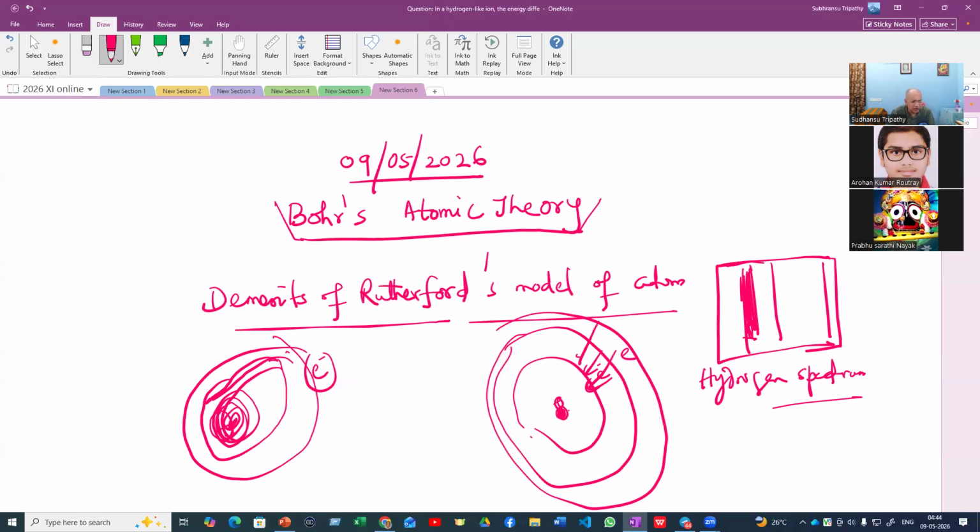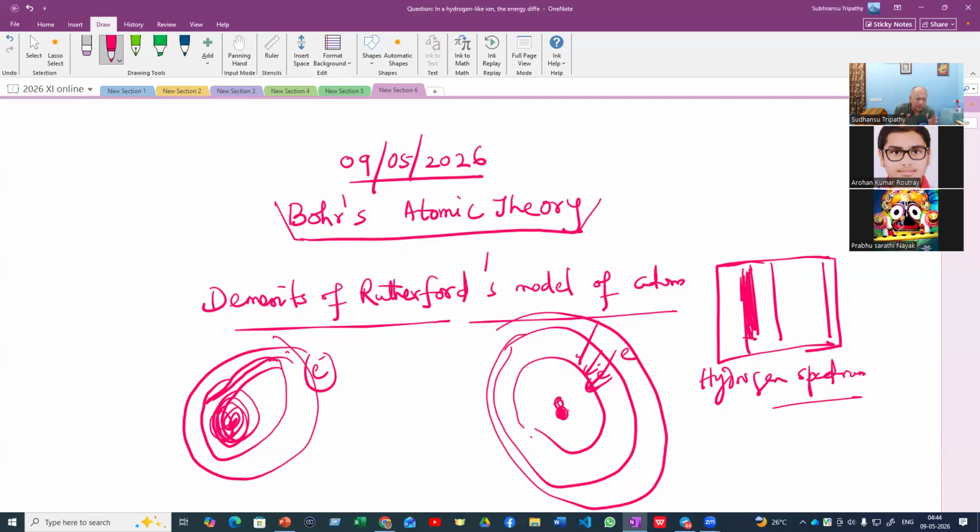Infinite number of transitions from higher energy to lower energy would have resulted in an infinite number of radiations, and they will merge into one another, overlap with one another, and form just like the solar spectrum, a continuous spectrum. Why is the solar spectrum continuous? Because it contains an infinite number of radiations overlapping with one another. That is why.